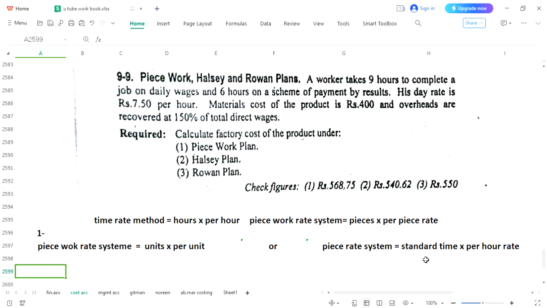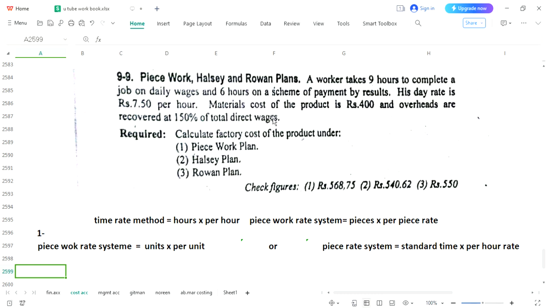So why have I written this alternative formula? You can use both formulas and the answer of both formulas would be the same: standard time multiplied by per hour rate. And there is another reason for elaborating this formula in our question. You can read from here to the end of the question. You would not find your number of units in any way.